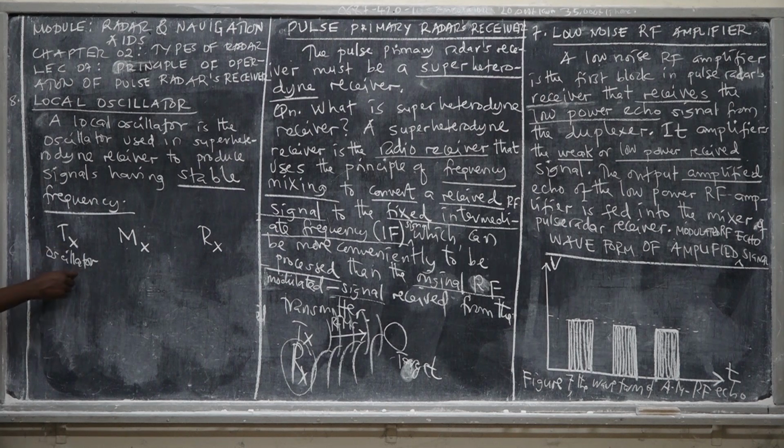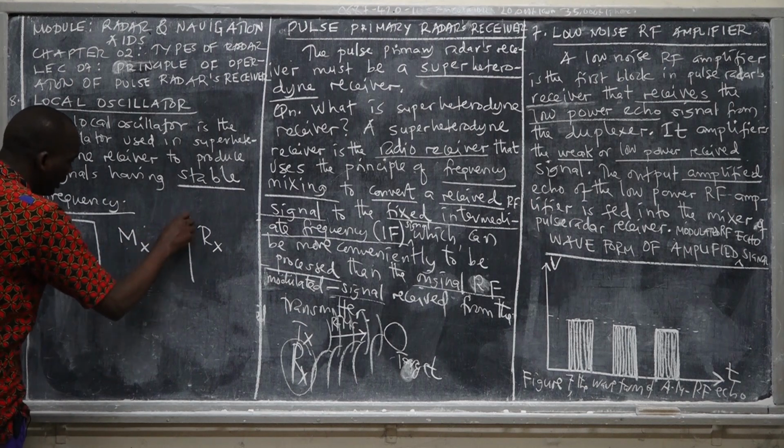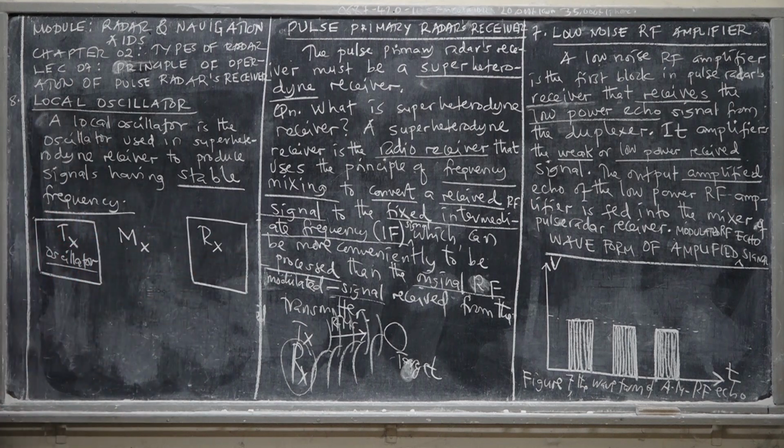Suppose that this is the transmitter house, and this is the receiver. Listen. This type of oscillator that you're using in the transmitter, we don't call it a local oscillator. Why? Because once it has produced those oscillations, we expect the modulated signal to be propagated into the air or into the guided medium.